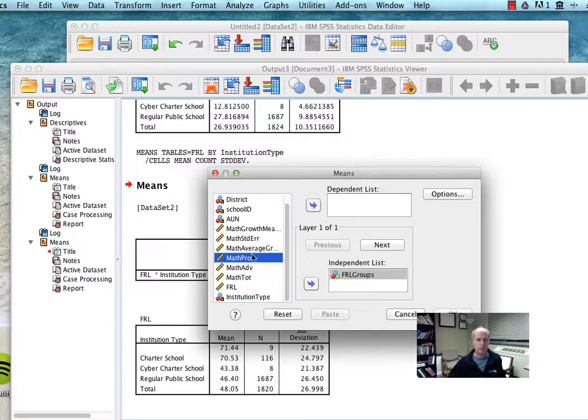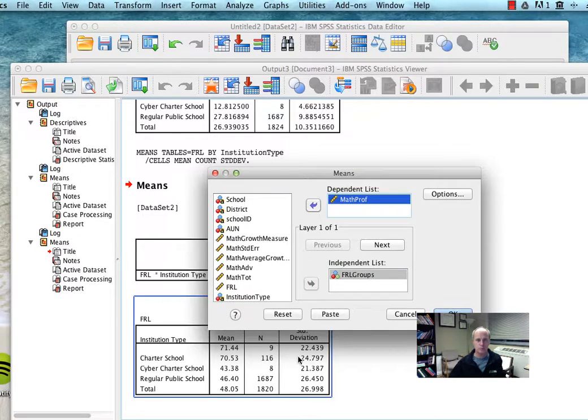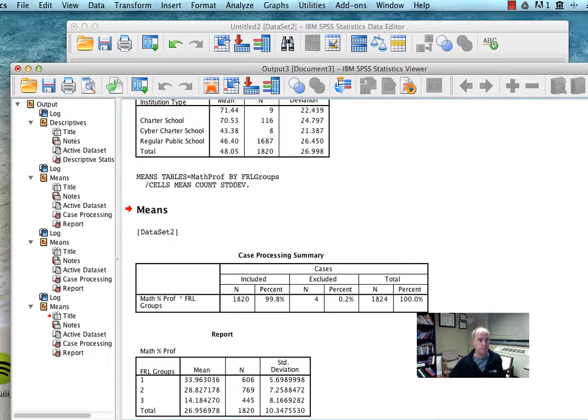So again, I'm going to use the proficiency, and I'm definitely expecting schools with less free and reduced lunch to do better. So let's see. Group 1 is those low free and reduced lunch. They have 33 versus 14. So yes, that's true.